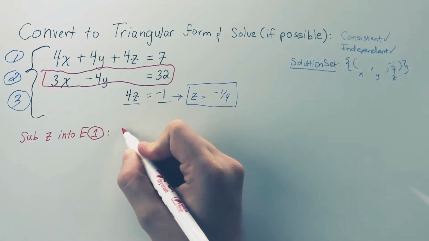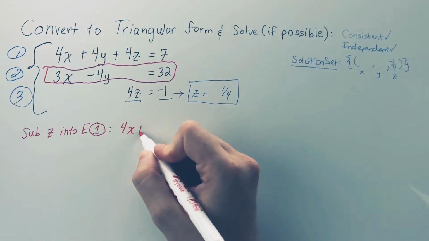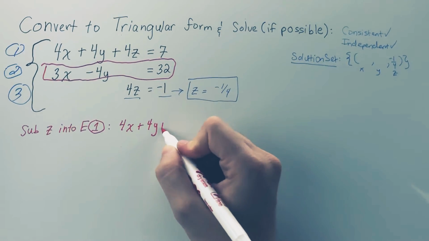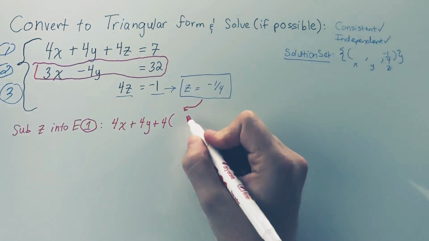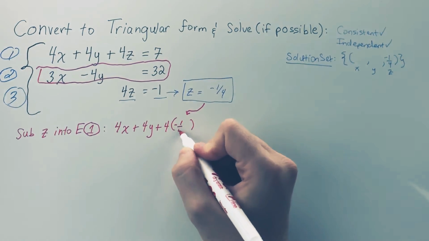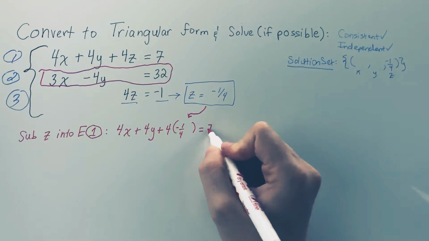If I do that, I have 4x plus 4y plus 4z, and we'll be substituting that -1/4 here, equals 7.